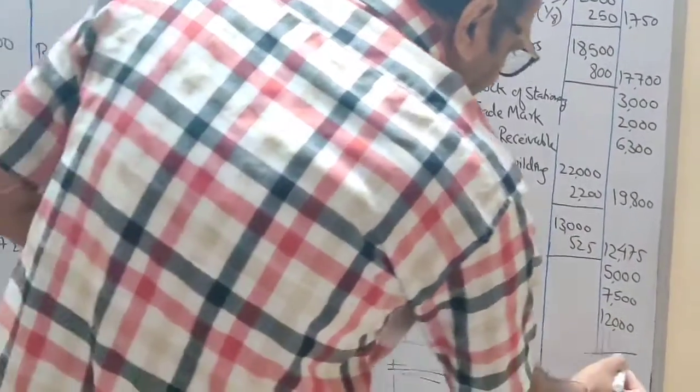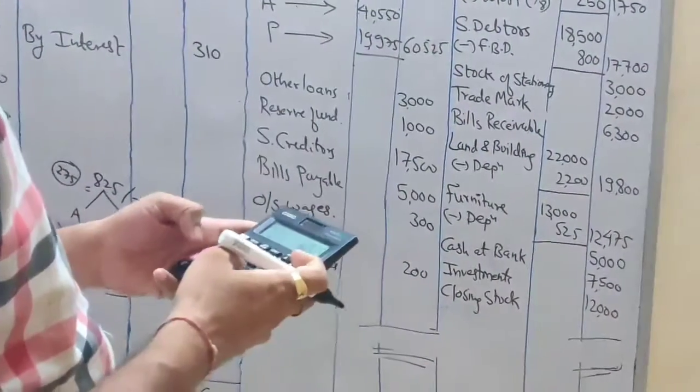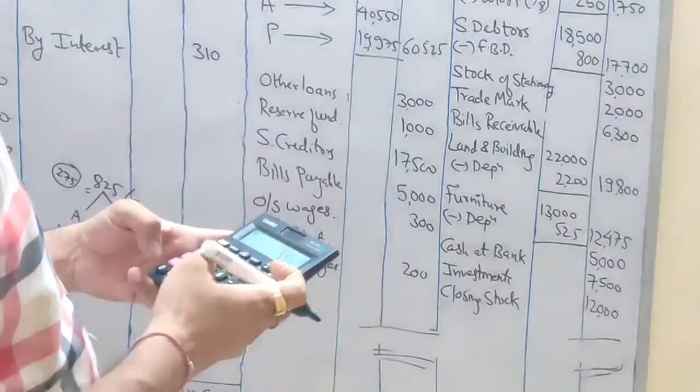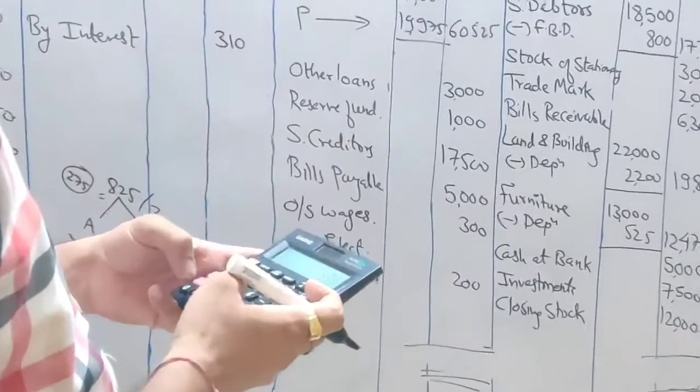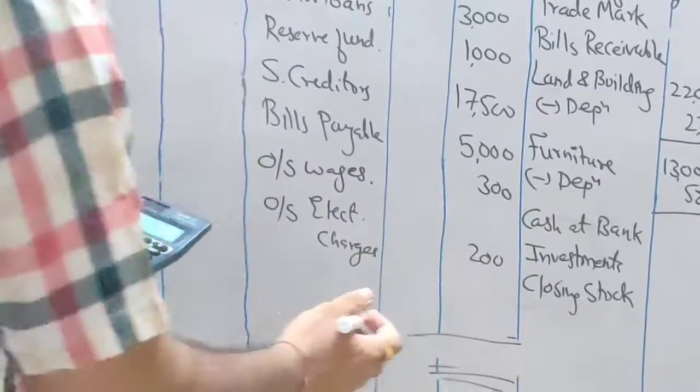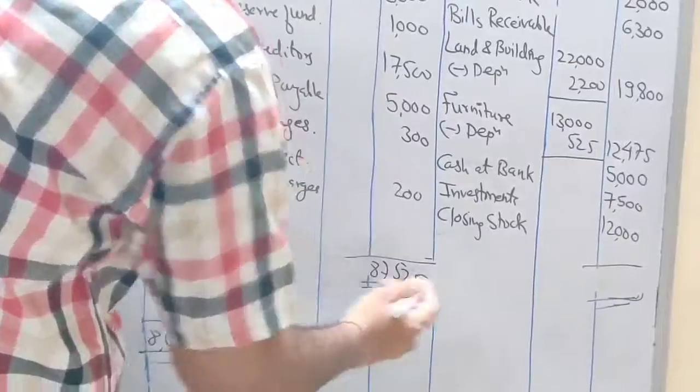Now let's do the total of the balance sheet. When you do the total of the balance sheet, it should tally. Let's see whether it is tallying or not. 4,000, 17,500, 5,300 and 200. This side total is 87,525.